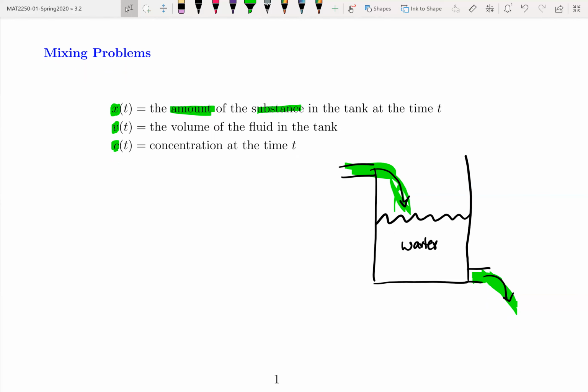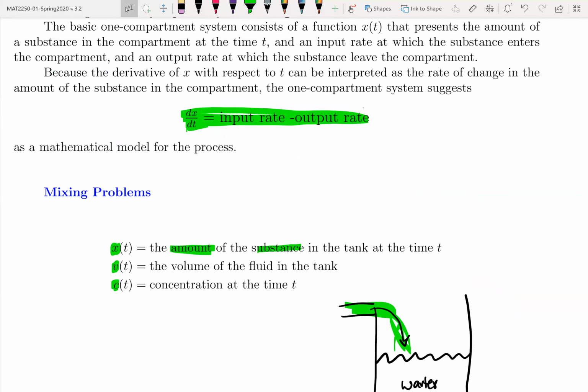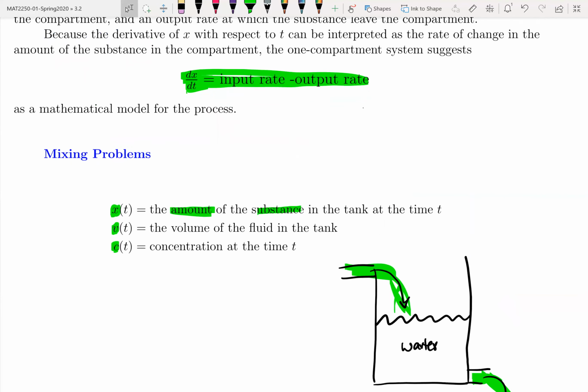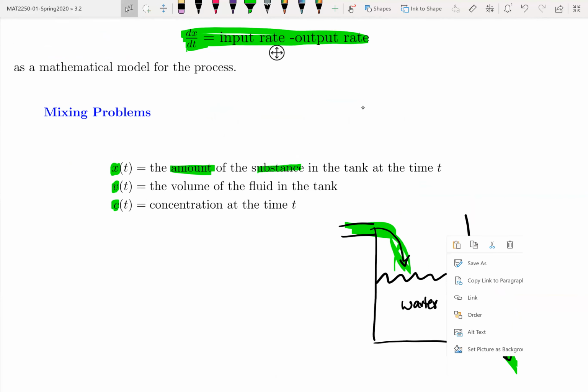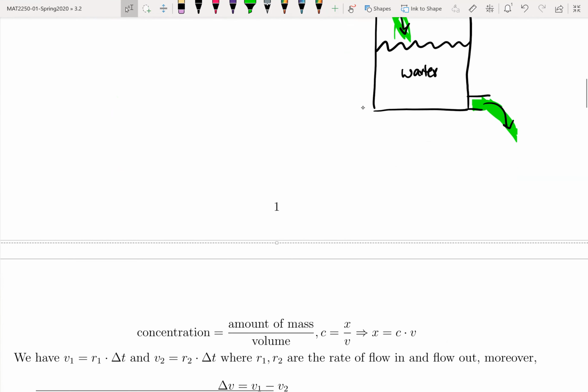So the goal is to formulate this. The rate of change for that substance is going to be input rate minus output rate, and that gives you a first order differential equation, okay?